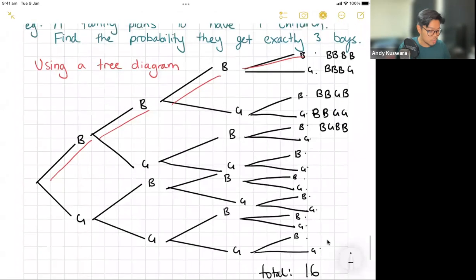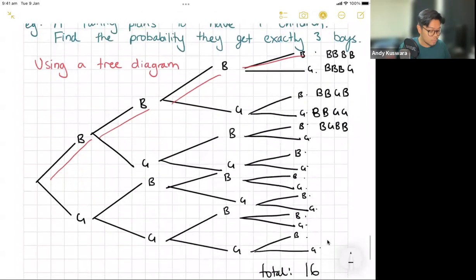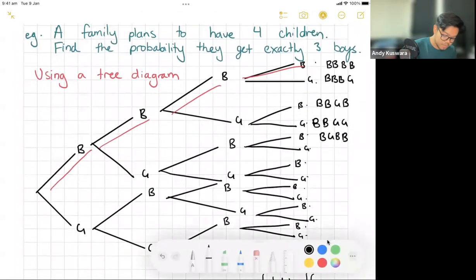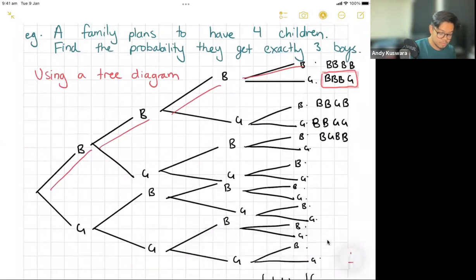Now we're trying to find out how many will get us exactly 3 boys. So far we can see that this gives us 3 boys. That's 1. This gives us 3 boys. That's another. This gives us 3 boys, that's another option. Where else? Boy, boy, boy, girl.